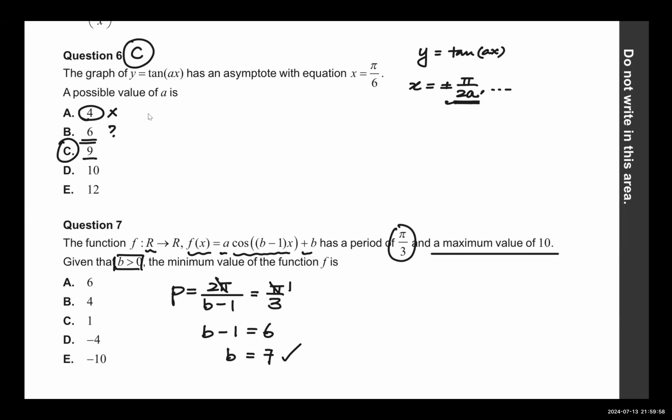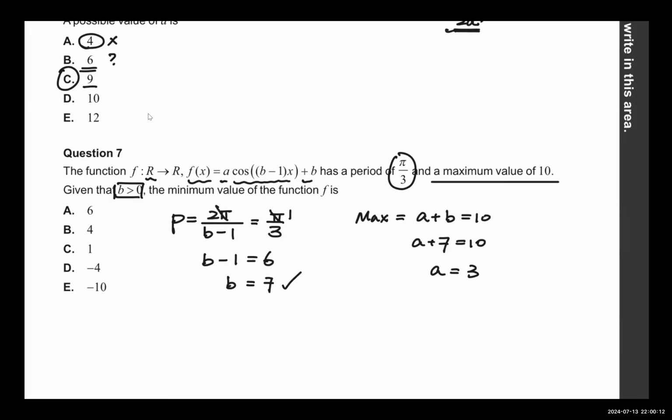And b is my vertical translation. A maximum could be given by a plus b equals 10. Therefore, a plus 7 equals 10, and a must be 3. Okay? The question actually wants us to find the minimum value, say, if I've got a cosine function like this.